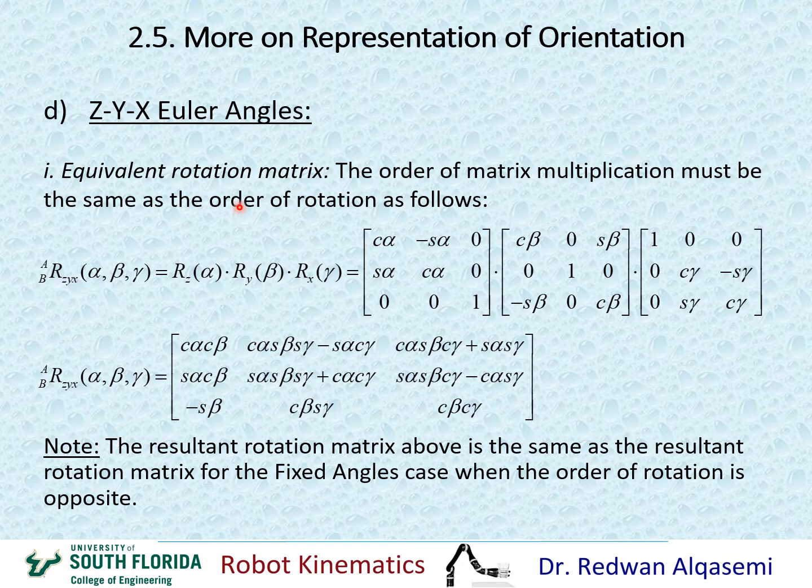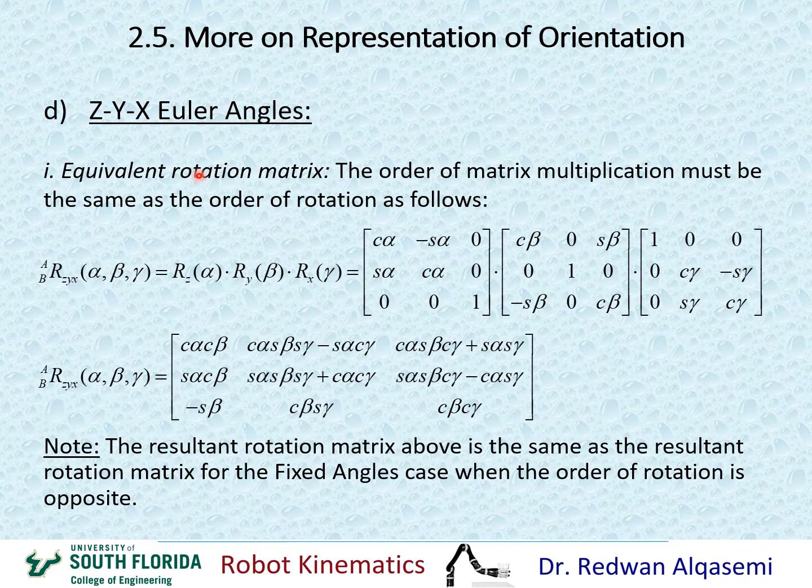Whenever we use the Euler angles, it doesn't matter how many rotations we make and in what order or sequence. Let's say, for example, we do Euler angle rotation in this method, but we do rotation first about y, then about x, then about z, then about y again, then about z again.